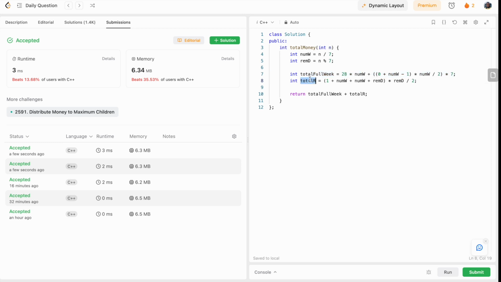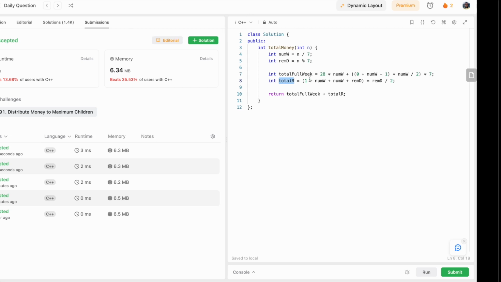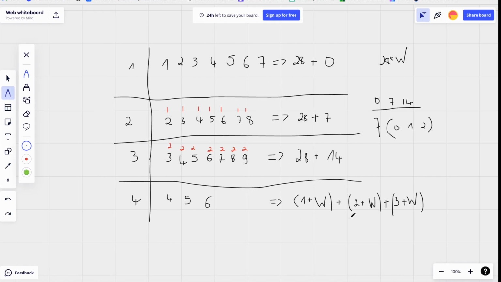Now we also have a total remaining. How do we compute the total remaining? In this specific case it will be 4 plus 5 plus 7, which is still 1 plus 2 plus 3, because that is the starting pattern of saving. But depending on the week, we are going to have a certain amount that has been added.